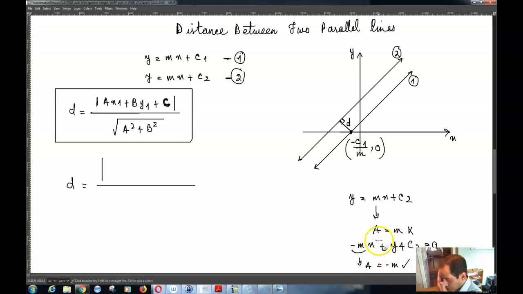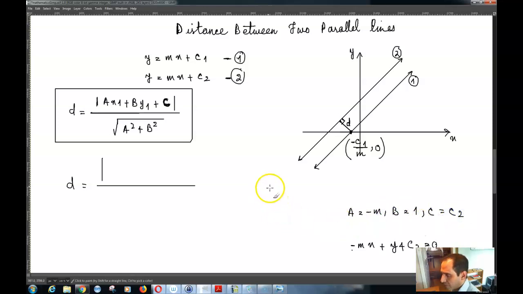So you need to be careful about that. Now that the line is written in general form, you know that your a is equal to negative m, your b is equal to 1, and your c is equal to c2.